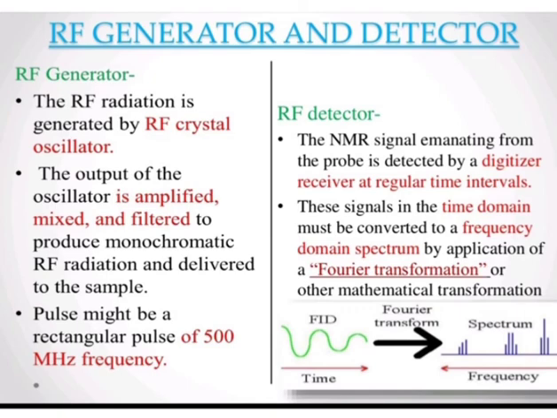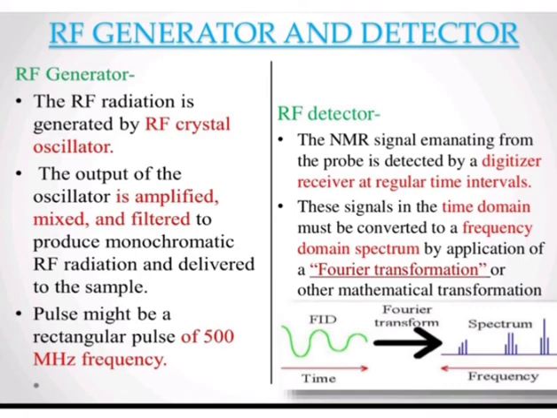So the RF crystal oscillator converts the polychromatic light into monochromatic radio frequency light, and this light can be transferred toward the sample, and this pulse is of a 500 megahertz frequency. So this is an RF generator or a radio frequency generator.